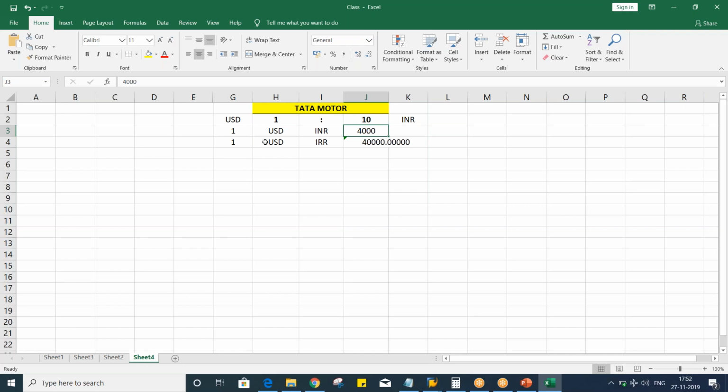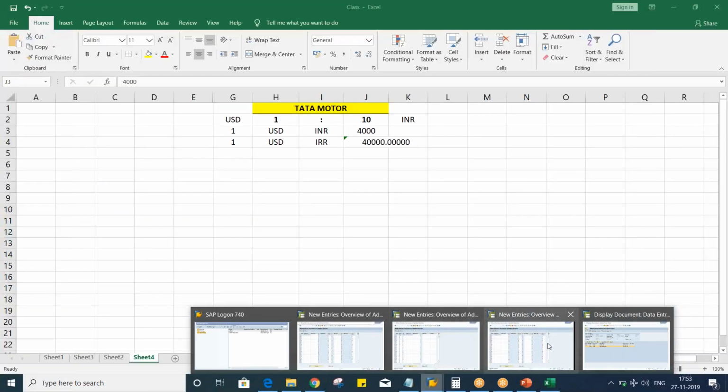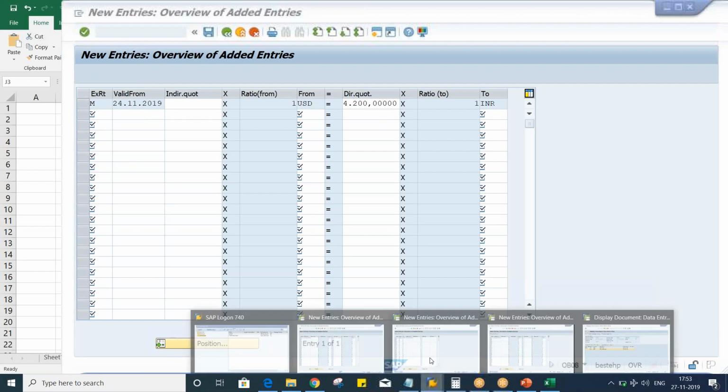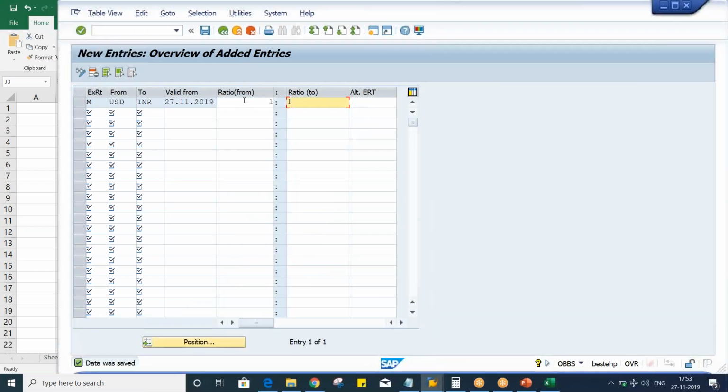So what is happening, guys? If you post a transaction like 1 USD, the Indian currency is going to be multiplied, 4,000 multiplied by 10, so the system is going to calculate the correct figure. I'll show you here, guys. What we have given here, first of all, let me show you. Here USD versus INR, right?